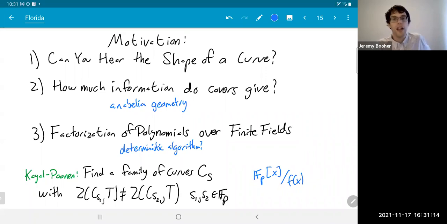Then you should go along and try to compute the zeta function using standard methods. This will have the effect of computing the zeta function of multiple members of the family at once. At some point, because every zeta function in this family is different, this algorithm is going to fail because it won't be able to get an answer because there are different answers for each member of the family. And that failure will reveal a factorization for your polynomial.